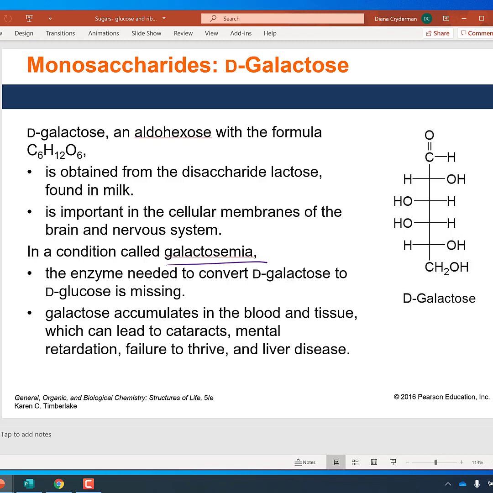There is an enzyme that's needed to convert D-galactose into D-glucose. When that's missing, galactose accumulates in the blood and tissue, which can lead to cataracts, mental retardation, failure to thrive, and liver disease. This means essentially that you can't always use galactose as an energy source.